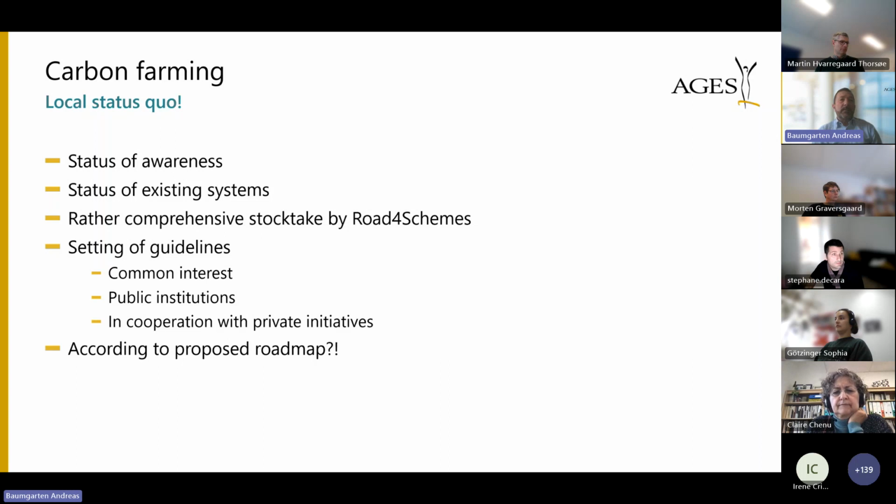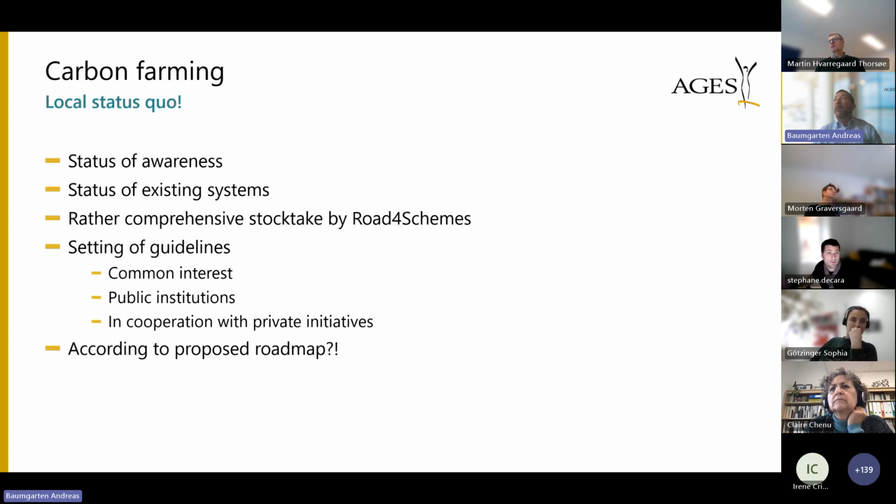However, we see that there is a common interest. And we also have seen, especially from the last slides, that also public institutions should be involved to some extent, because if you intend to have a roadmap, you have to have some control measures.